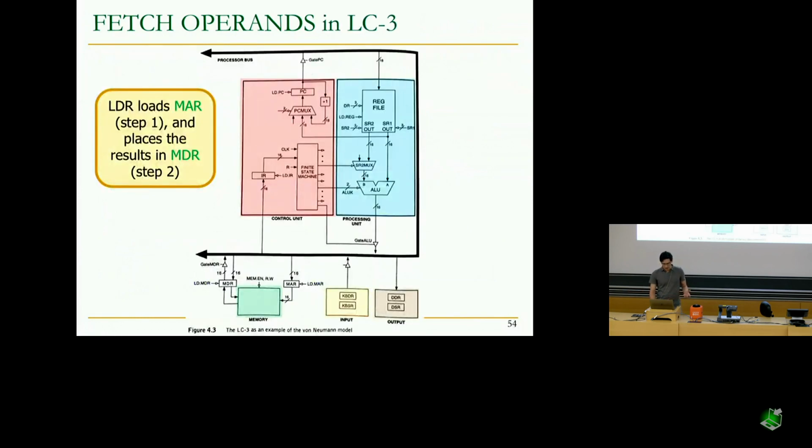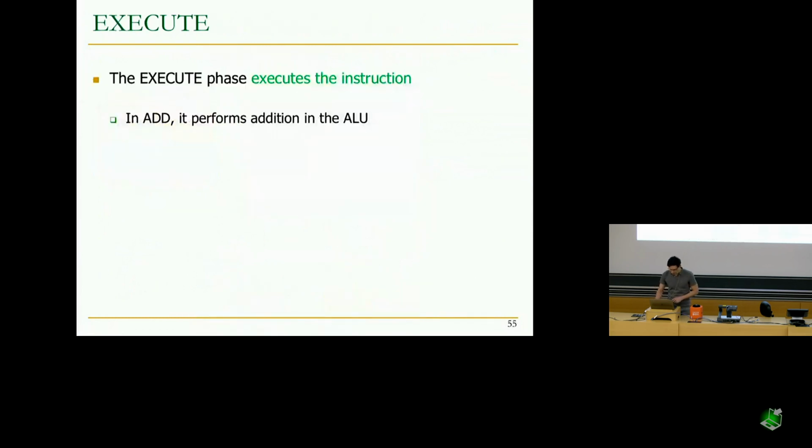So let's see how we fetch the operands for LDR on the data path. First, we load the MAR with the address that we calculated before, and then we read from memory and store the value that we read in the MDR.